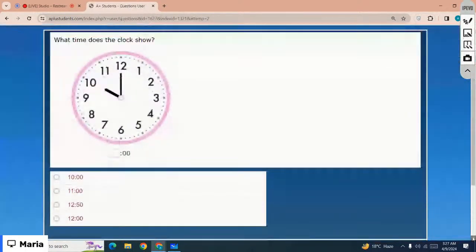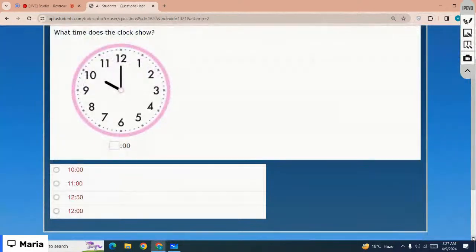What time does the clock show? Which is the correct option? The correct option is 10.